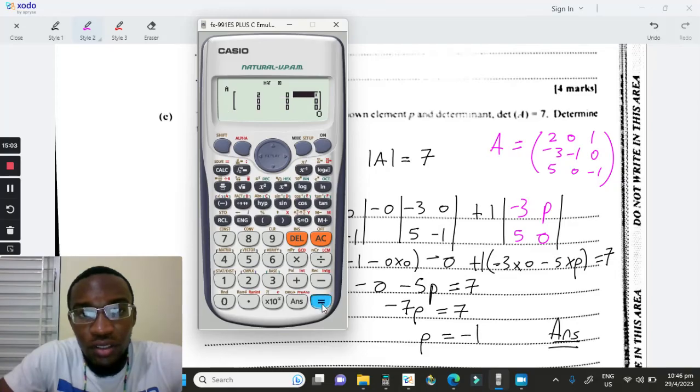This is minus 3, minus 1 for P, and this is 0. This is 5. This is 0. And this is minus 1.